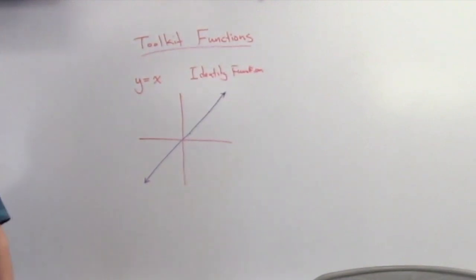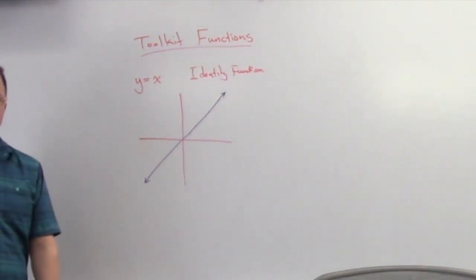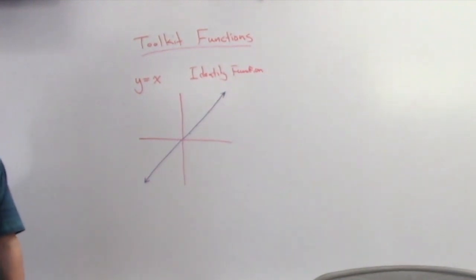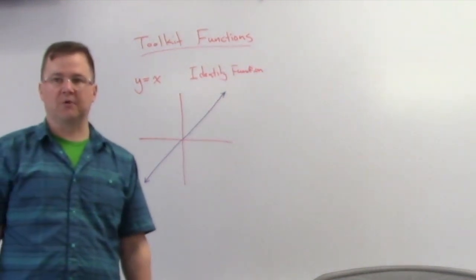I also want to add in, we're going to go ahead and start jumping into section 1.2 simultaneously. In section 1.2, we're going to start talking about domain and range.